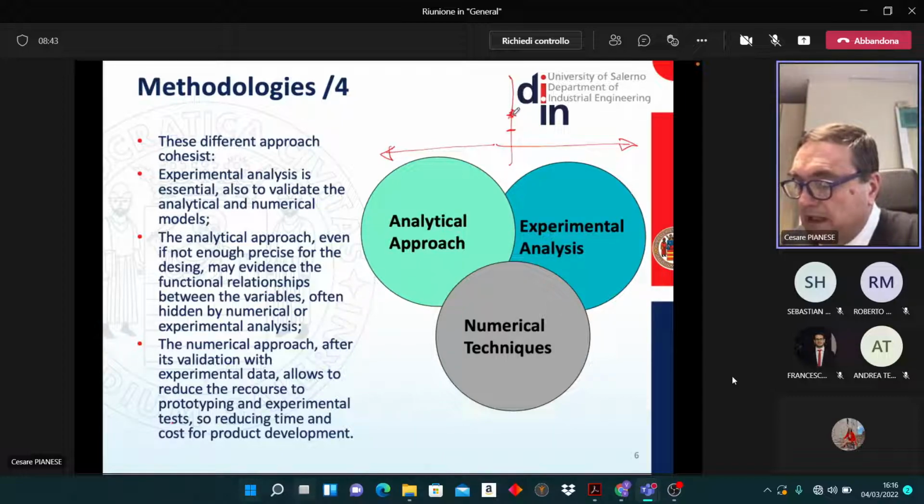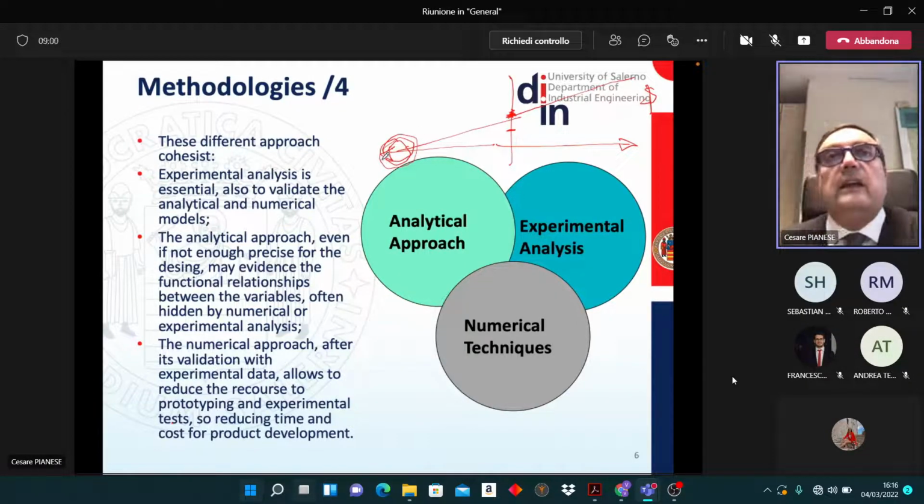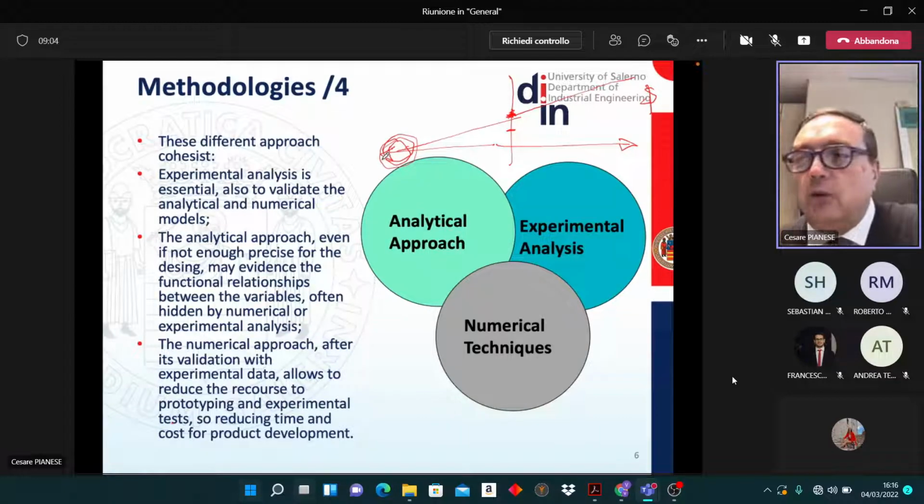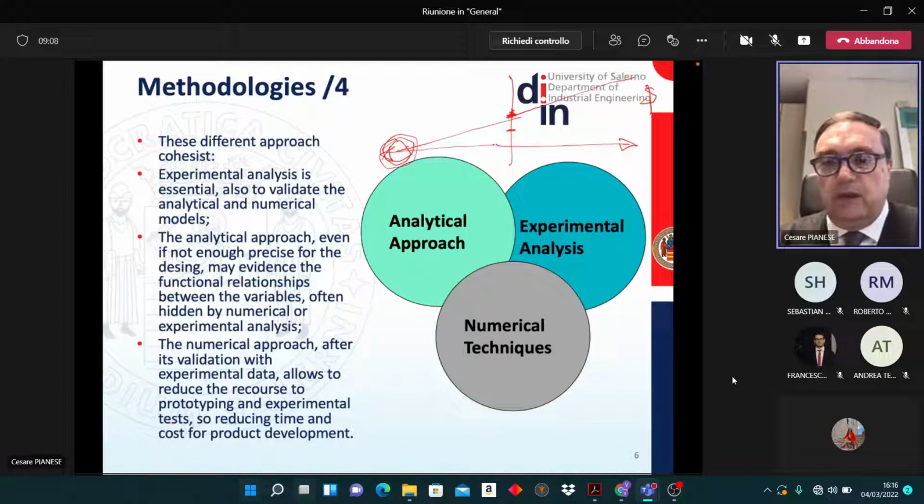If you balance analytical approach and experimental analysis and move in this direction, you increase the cost. When you move on the left, you go this way. So what does it mean? That if you use the best analytical methodology, let's say the best model, I don't know whether you are familiar, for example, with the Navier-Stokes equations?